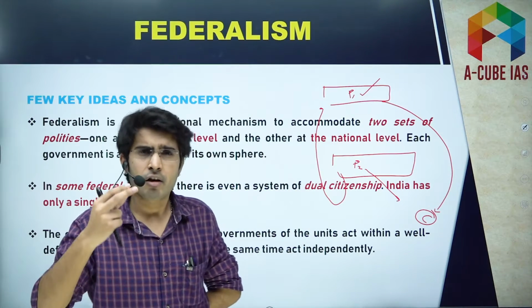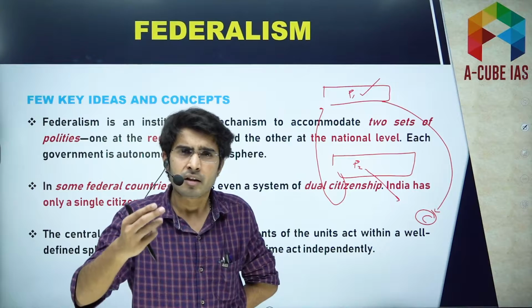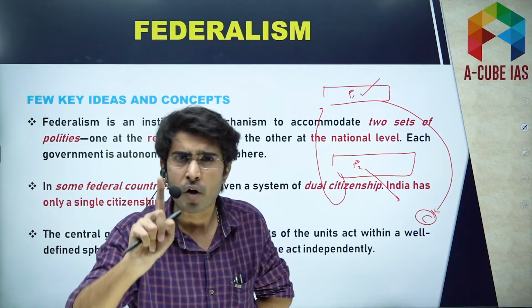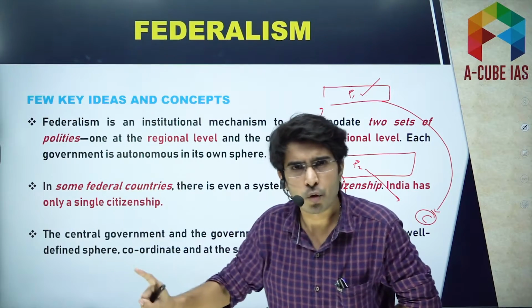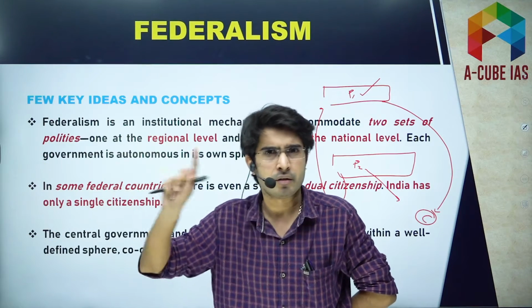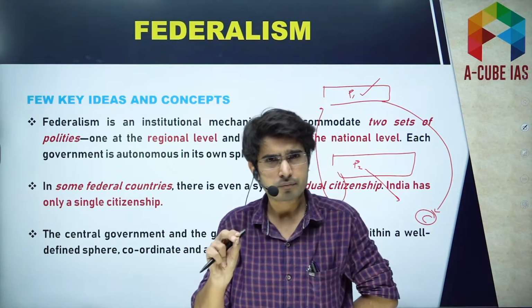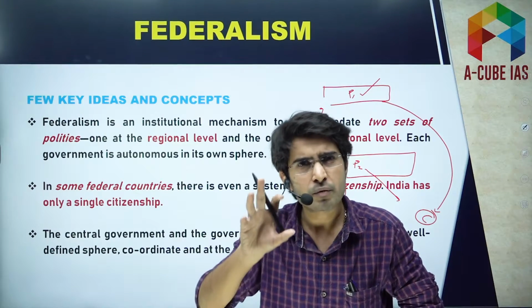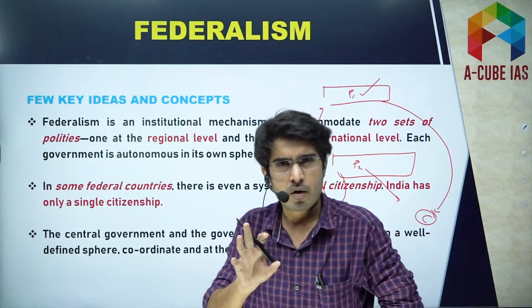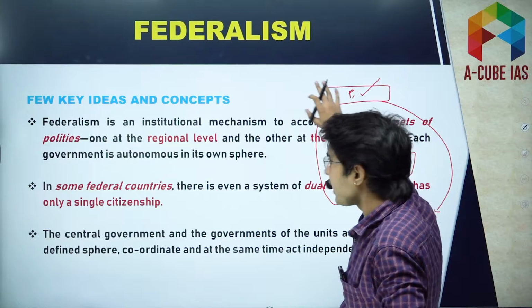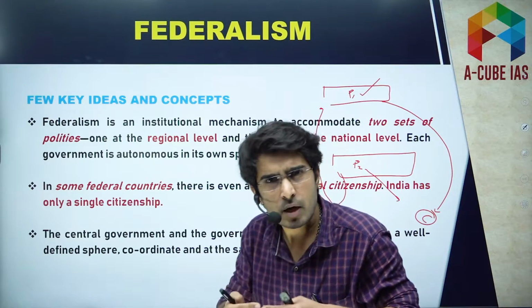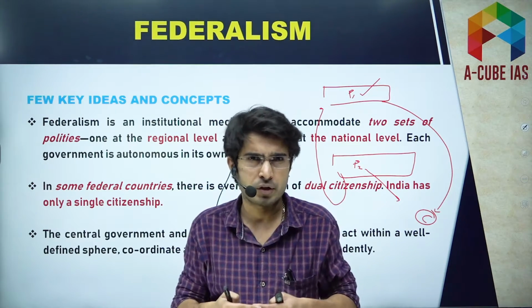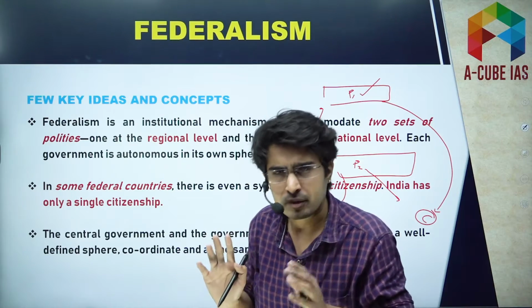Be it the national government or regional governments, they derive their power from one common source, the constitution, the law of the land. In our country, the constitution is the supreme source of power. So you have to understand this point.